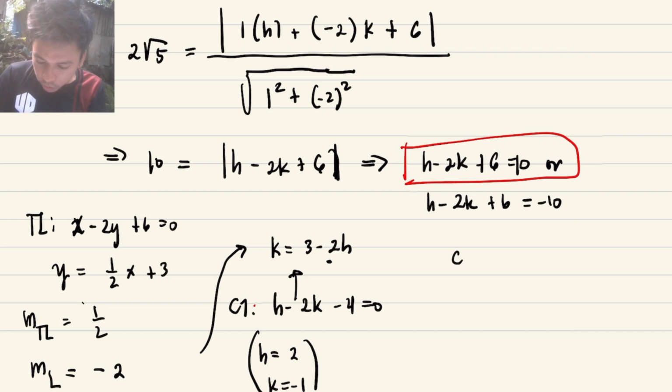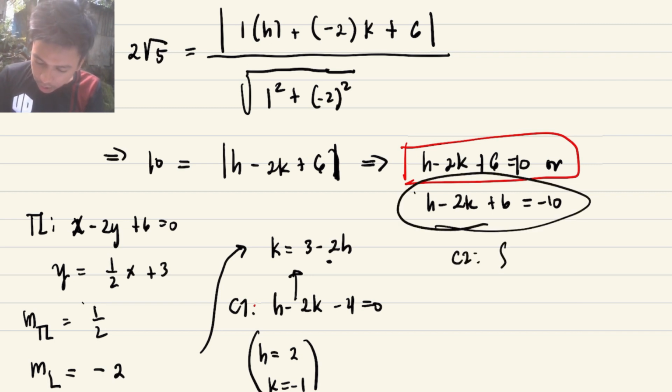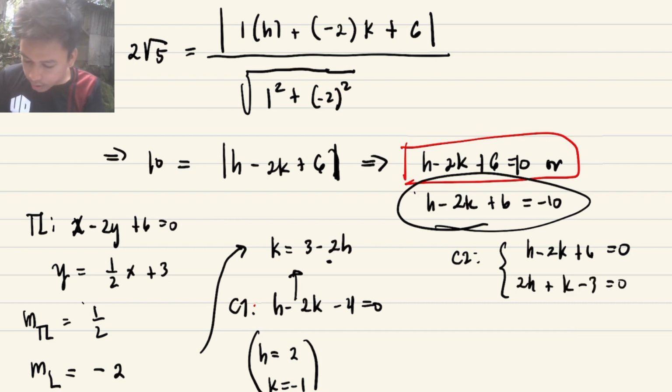And for case 2, we will use the other sign, so we have a system of equations: h minus 2k plus 6 equals 0, and 2h plus k minus 3 equals 0. If you solve for h and k, what happens? Your h is 0.